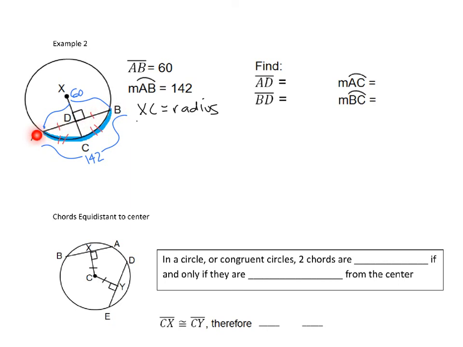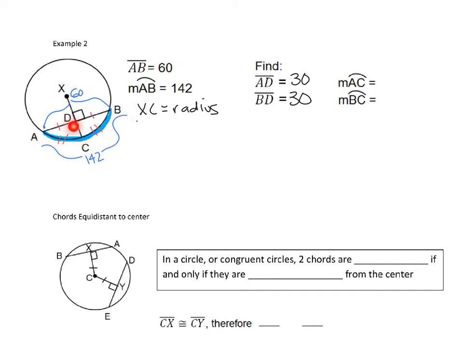Since the chord AB is 60, and I know that it is being bisected by the radius, then I know that AD would be half of 60, which leads us to conclude that it's 30, which would also mean that BD would have to be the same because they're congruent. And for the arc, we are told that arc AB is 142.